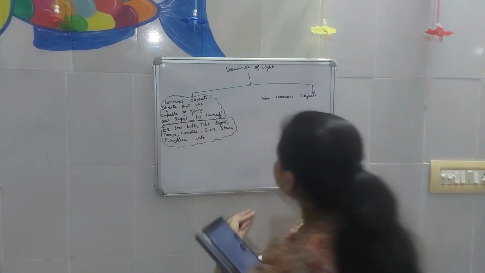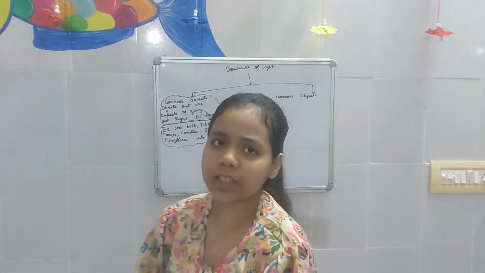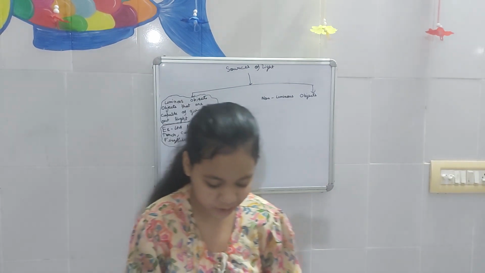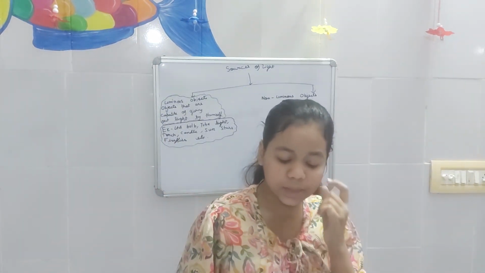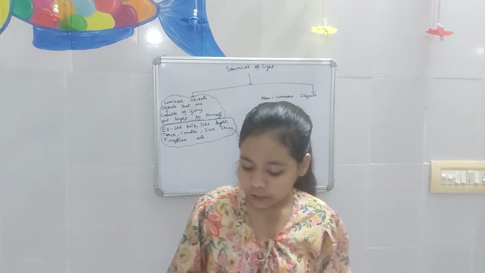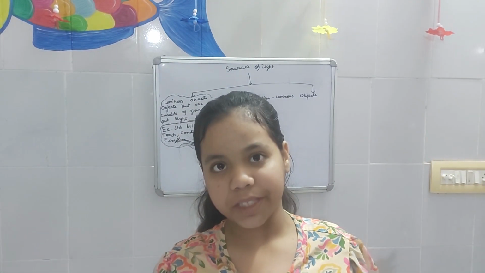So let us now come to non-luminous objects. Let us discuss what are non-luminous objects. Objects that do not emit light of their own are known as non-luminous objects.